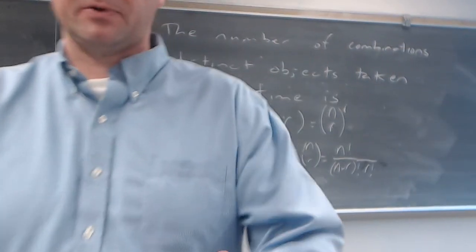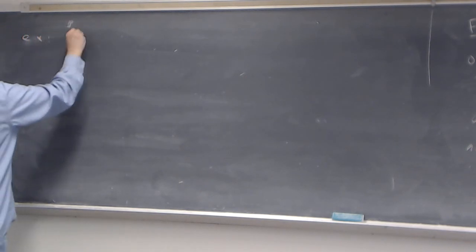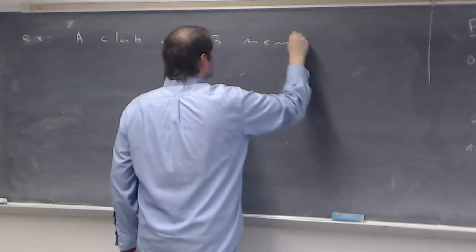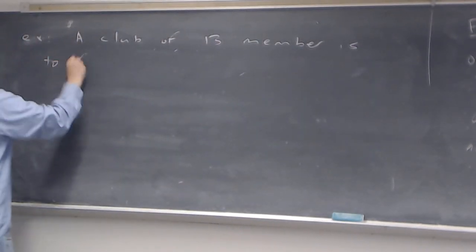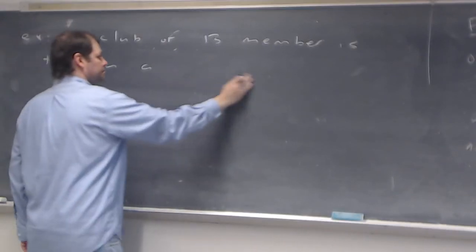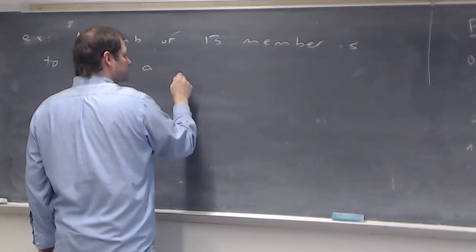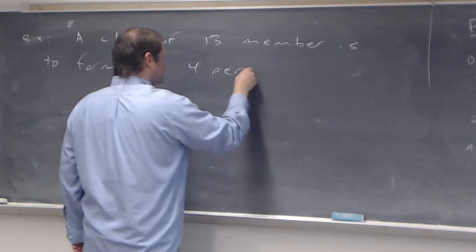Okay, let's look at an example now. As a quick example, let's say a club of 13 members is to form a committee, a 4-person committee.